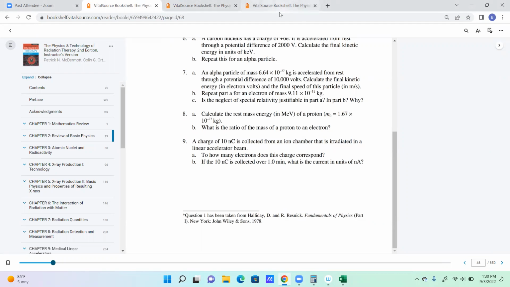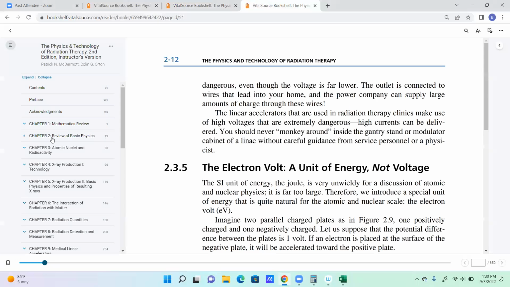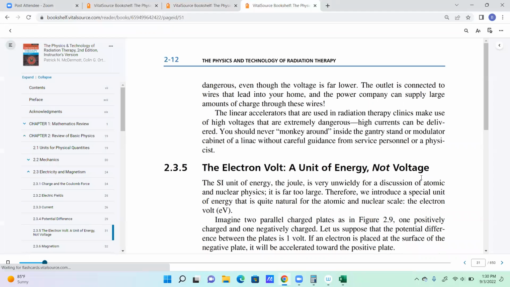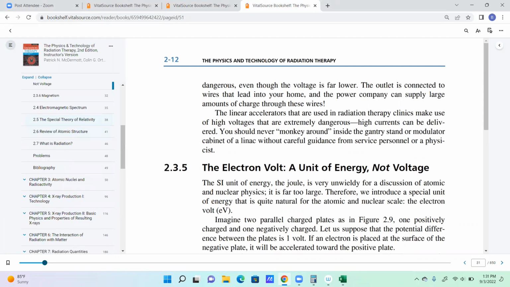If you will look, as soon as it loads up, let's go here and see if we can find the special theory of relativity.